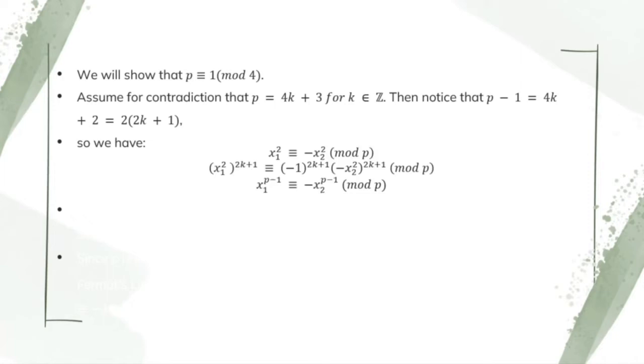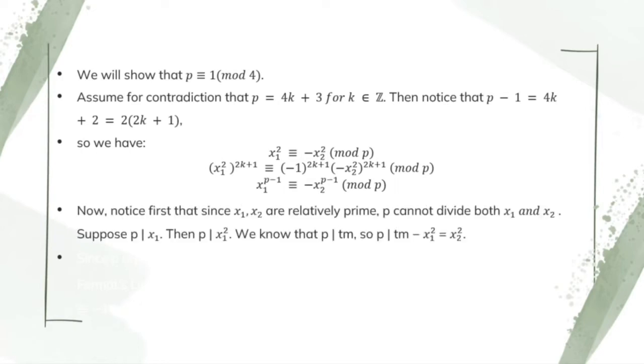So we have originally x1 squared is congruent to negative x2 squared modulo p. Then raising to the power 2k plus 1, we get x1 to the power p minus 1 is congruent to negative x2 to the power p minus 1 modulo p. Now, notice that since x1 and x2 are relatively prime, p cannot divide both x1 and x2.